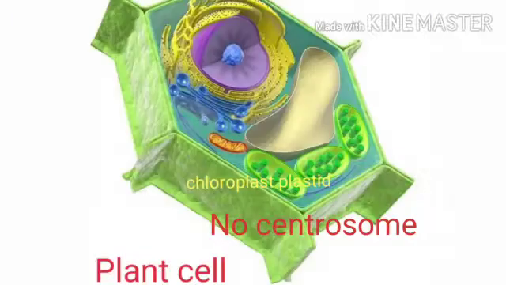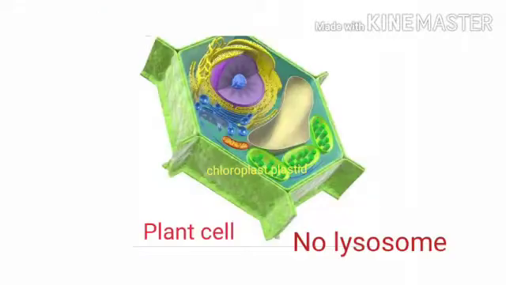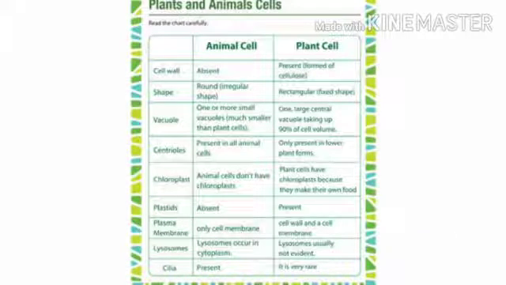Then plant cells do not have centrosomes. Animal cells do not have plastids but they have centrosome, an organelle which helps in cell division by moving apart the chromosomes when cells are dividing. Even plant cells do not have lysosomes, though they have been seen in some cases.